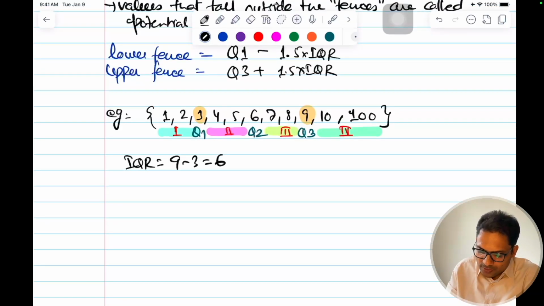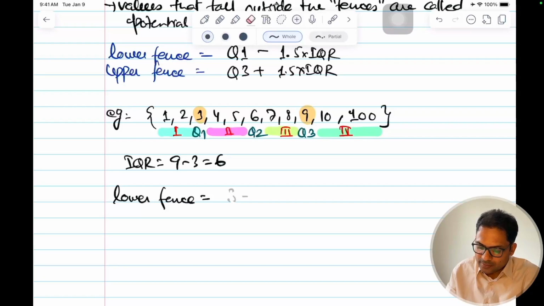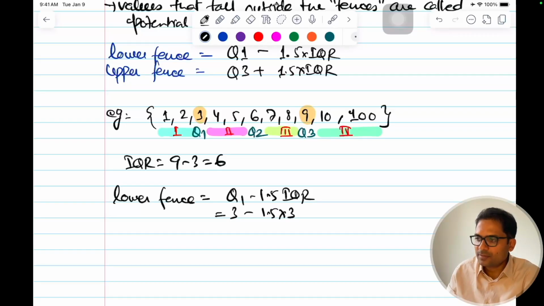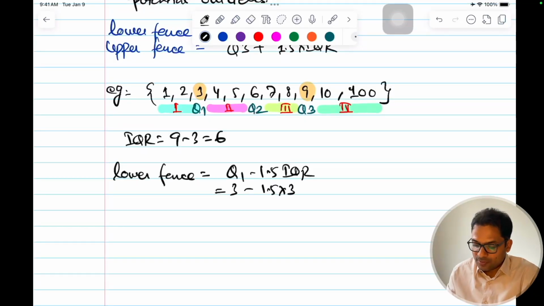So my lower fence is Q1 minus 1.5 IQR, which is 3 minus 1.5 times 6. That will be 3 minus 9, equal to minus 6.